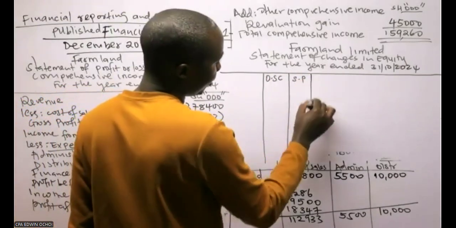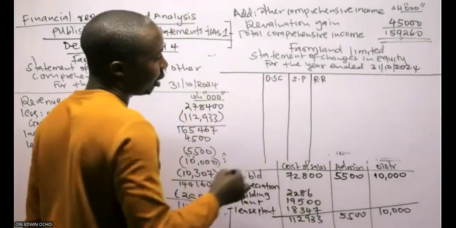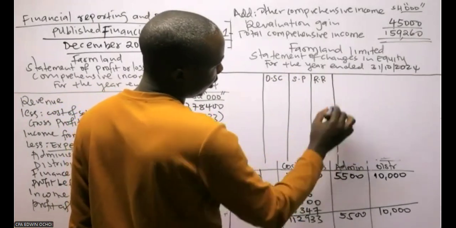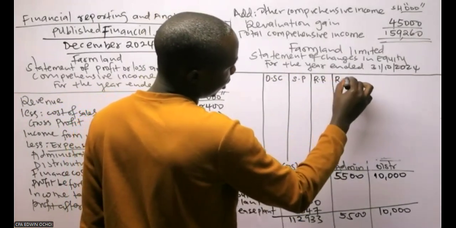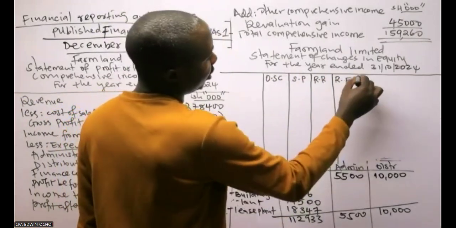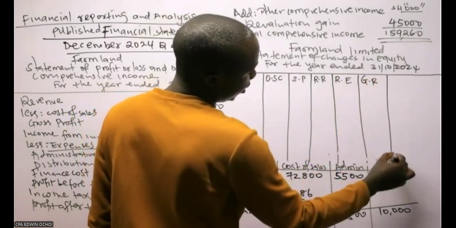Share premium. We have a revaluation reserve. RR is revaluation reserve. And we talk about retained earnings. Then we can have a general reserve. And we have total.